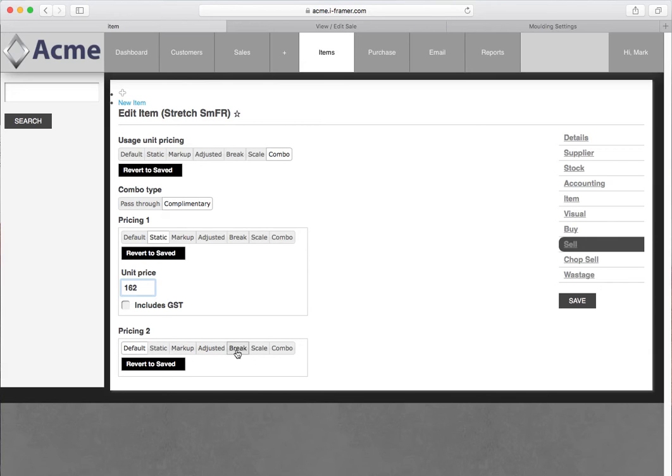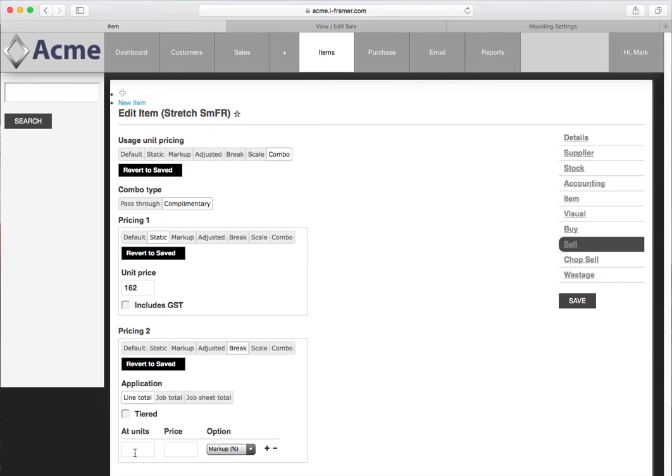Okay, the second one, we're going to add a minimum price. So we're going to go to break, and we're going to say at 0, and we're going to say the minimum price is $30. So what that actually does is add $30 onto the price. So when you think of 100 by 100, which is 0.01, you'd be charging $1.60, you'd charge $31.60.